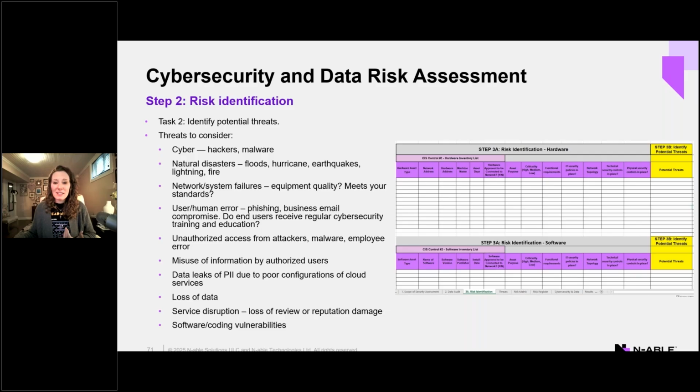There could be data leaks that we need to be worried about, where personally identifiable information, so that PII data, and other sensitive data could be stolen because of poor configuration, as an example of cloud services. Loss of data, where the organization, maybe accidentally, loses or deletes that data. Service disruption, where there could be loss of revenue or reputational damage as a result of unexpected downtime, and then obviously software coding vulnerabilities.